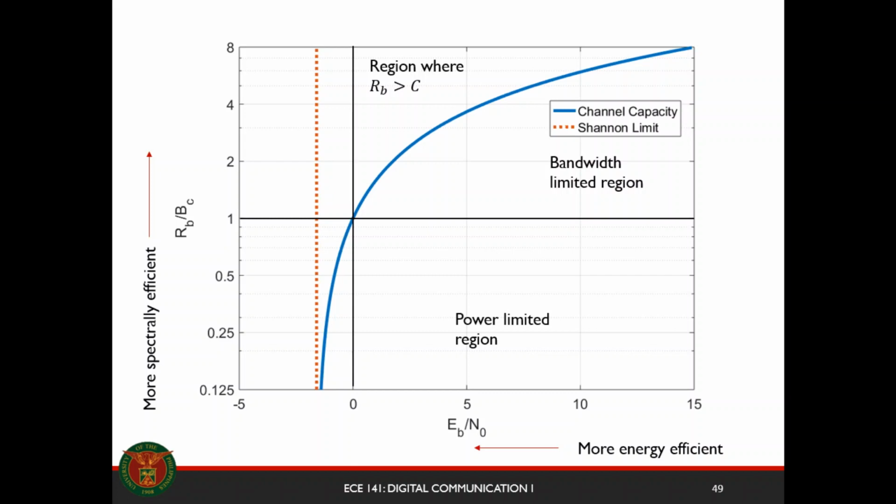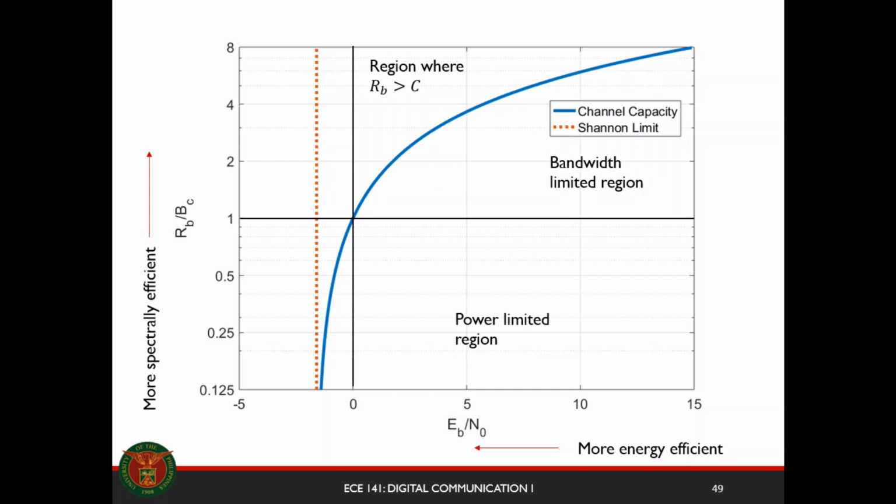Basically, any signal to noise ratio less than negative 1.6 dB will not guarantee a good communication system. This is the region where your bitrate is greater than the capacity, and this is where you won't be able to have a reliable communication system. So this region above is the bandwidth limited region. This region right here is the power limited region.